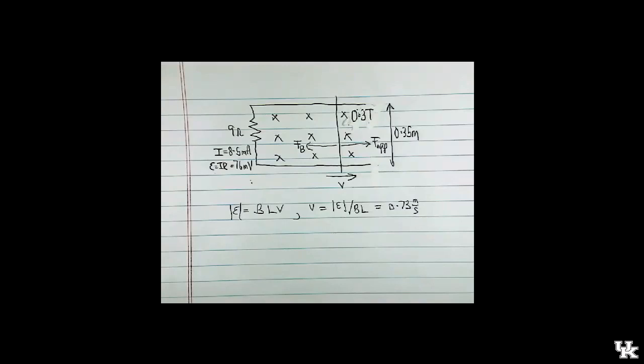So if we look at this sketch up here, we've got a magnetic field that's in towards the screen. Right? The field lines are going in towards the screen. So the induced current will create an induced magnetic field that will oppose that change. The original magnetic field through the loop has more and more field lines going in towards the screen. So the induced current is going to make a magnetic field that's out of the screen to try and oppose that.